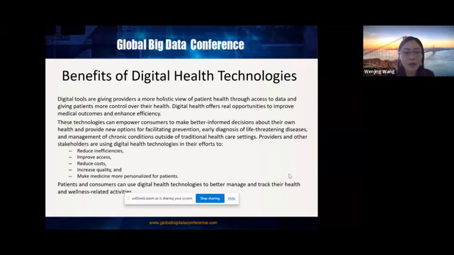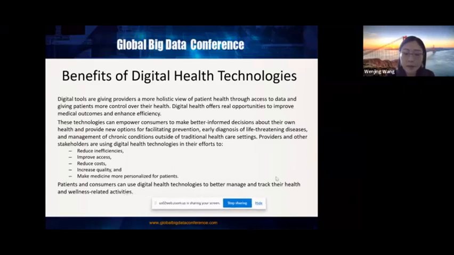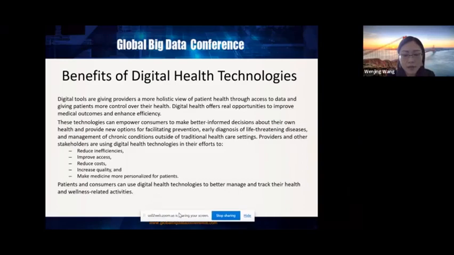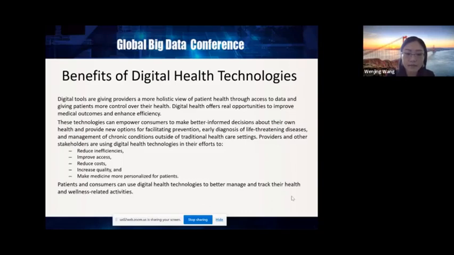They could help stakeholders reduce inefficiencies, improve access, reduce cost, increase quality, and make medicine more personalized for patients. Patients and consumers can also use digital health technologies to better manage and track their health and wellness related activities.